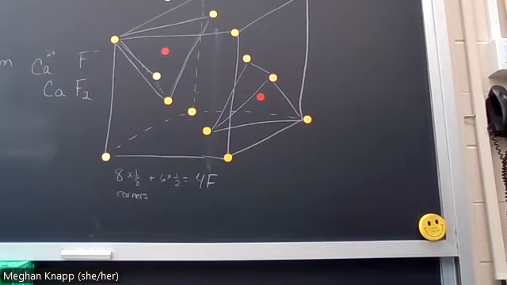So the number of faces times 1/2. And if it appears twice on a face, then you count each of those as a face. And label it with what atom it is.